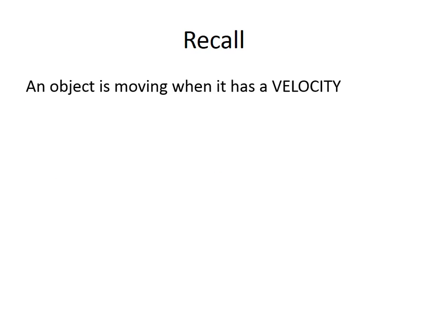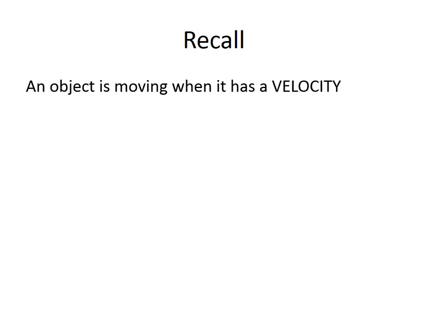So, when we go back, an object is moving when it has a velocity. Again, I made that big point about acceleration. Acceleration does not tell you that you're moving. Velocity tells you that you're moving, that you're changing your displacement over time. Acceleration is a change in velocity over time, so that doesn't tell you that you're moving, it just tells you that you're changing your velocity.